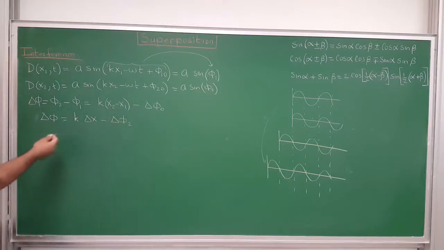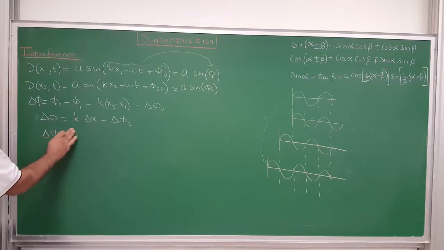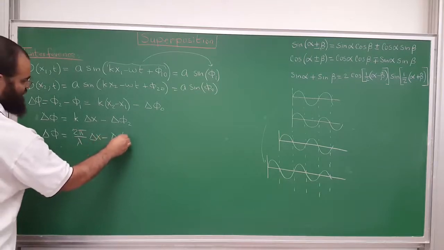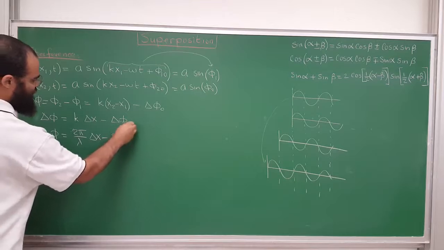If you like, k is 2 pi over lambda, so you can write it as 2 pi over lambda delta x minus phi 0. This should say phi 0.